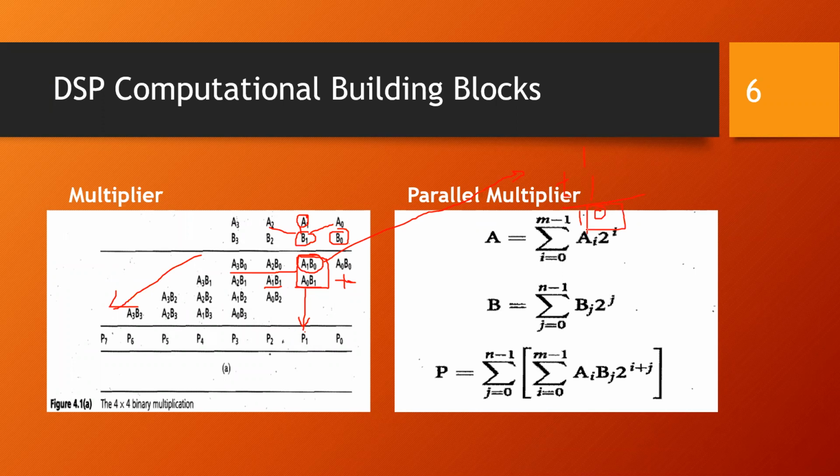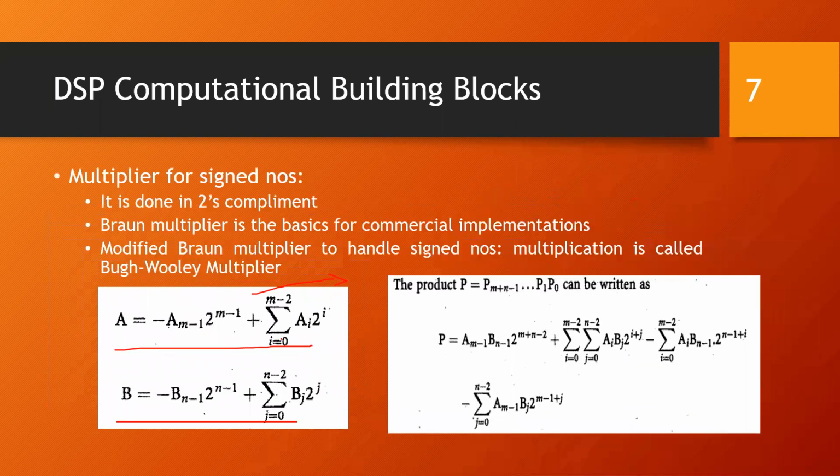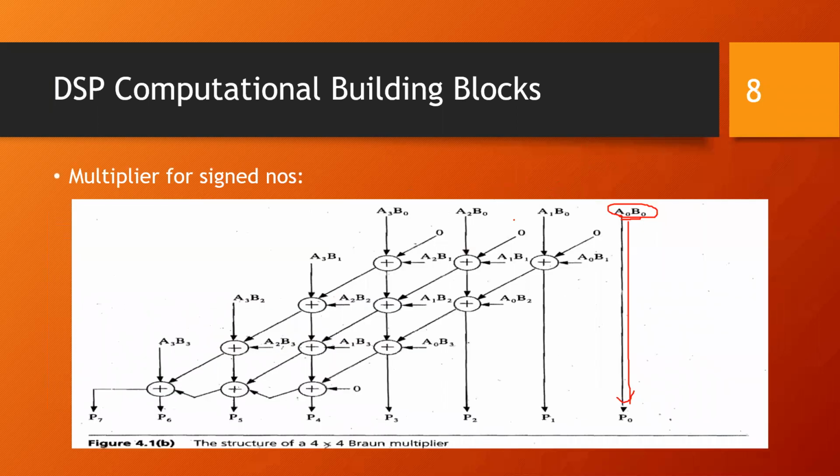So this is the sum result and this is the carry. So in that case, if this is 1 and this is 1, P1 would be 0 and one additional carry would be generated, which will be considered here for addition. That is what this representation is.